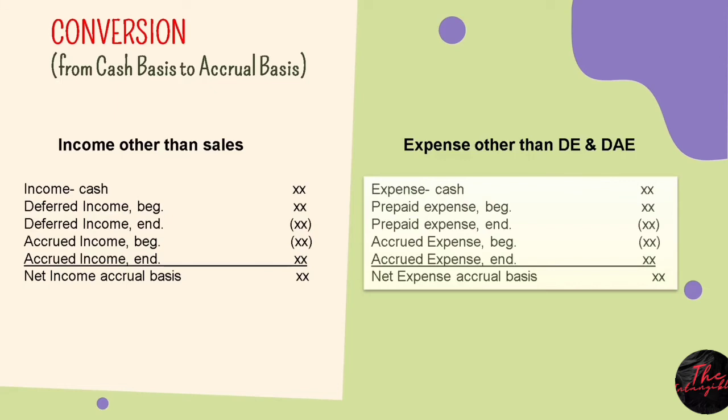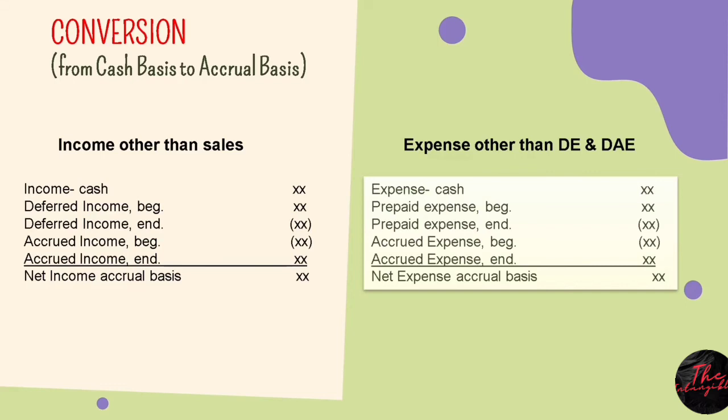First, ang deferred income at the beginning ay last year pa. So, assuming that this year ay na-receive na siya, kaya kailangan natin siyang i-add. At ang deferred income at the end ay this year naman at hindi pa siya nare-receive, so kailangan naman natin siyang i-deduct.